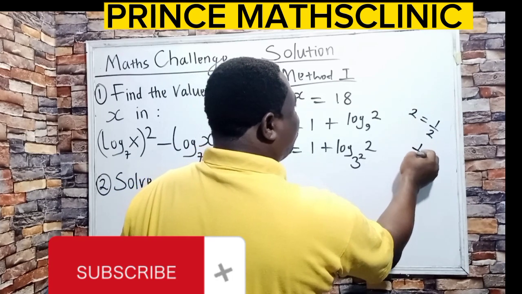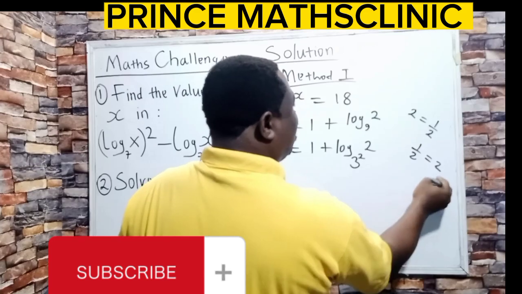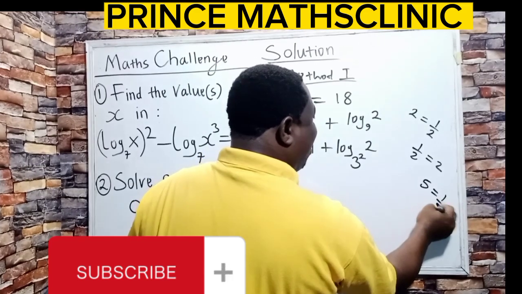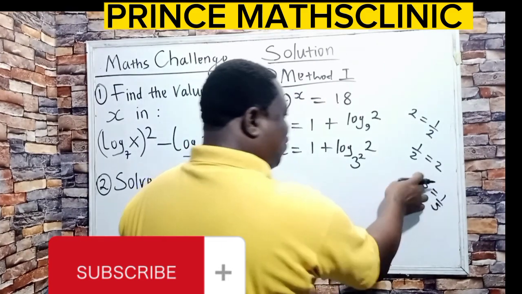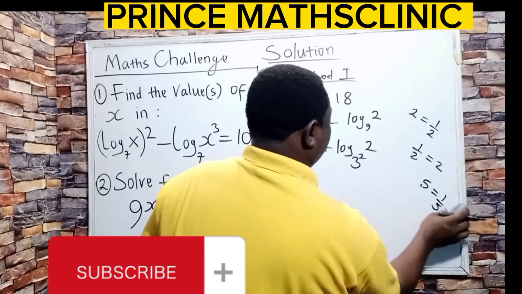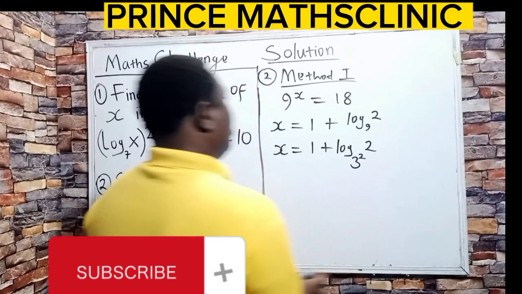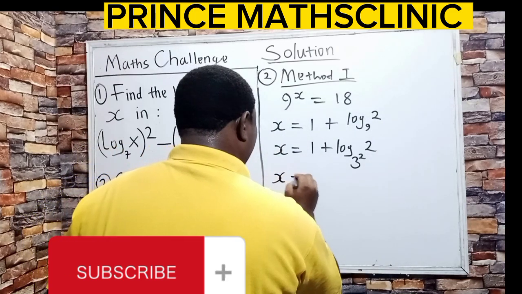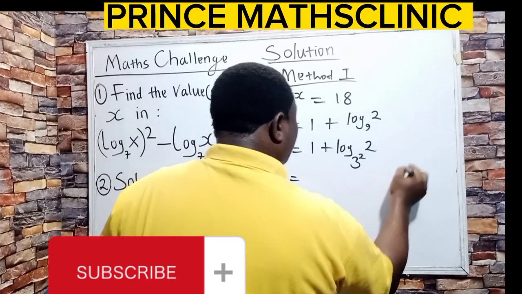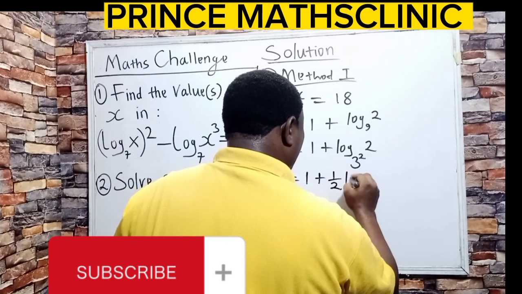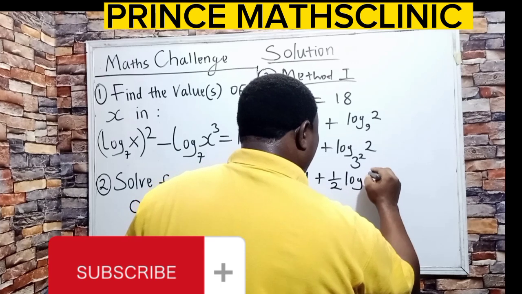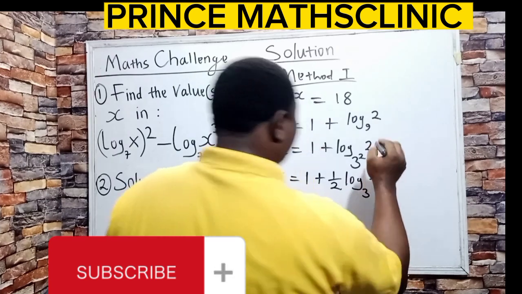The inverse of 1 over 2 is also 2. The inverse of 5 is 1 over 5. And the reciprocal of 1 over 5 is also 5. Therefore, using that rule, 1 plus, this becomes 1 over 2 log 2, now base 3.